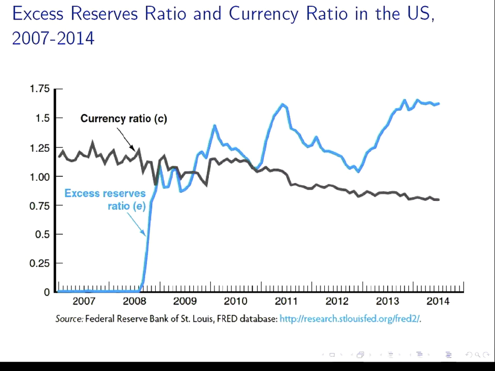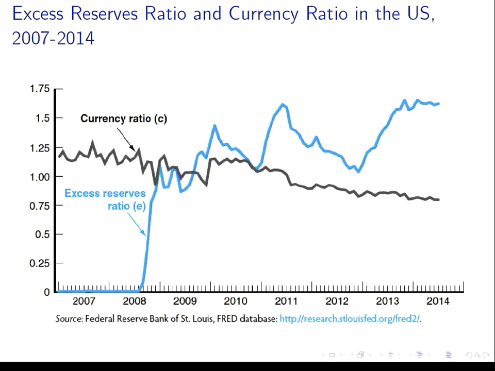The currency to deposit ratio is pretty stable throughout this period. I mean, it went down, but it was the excess reserves ratio, E, which is the total excess reserves that banks hold divided by the total deposits, that shot up by 2 orders of magnitude, maybe 3.